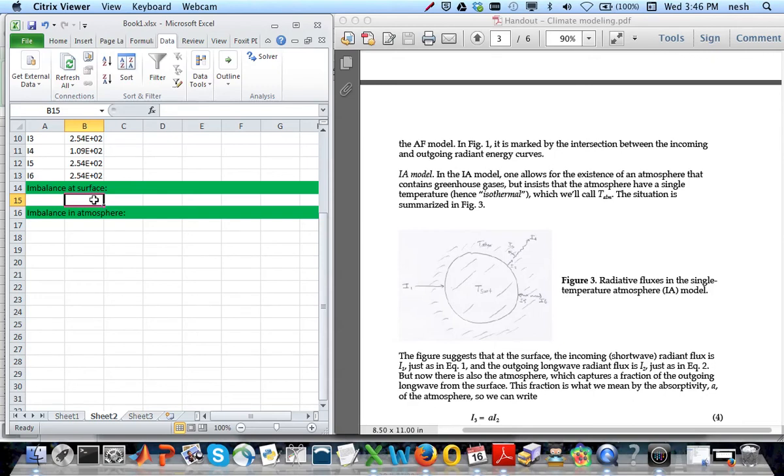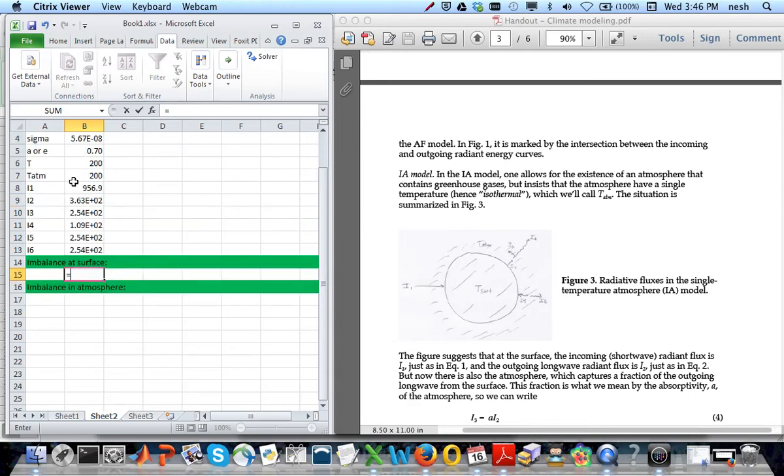So I'm going to say, what did we say? That's I1 plus I5 minus I2, because that's what's coming off, and equals that formula, and in the solver we're going to make this equal to 0.